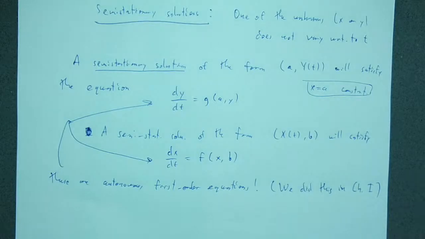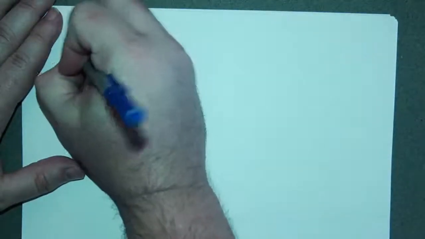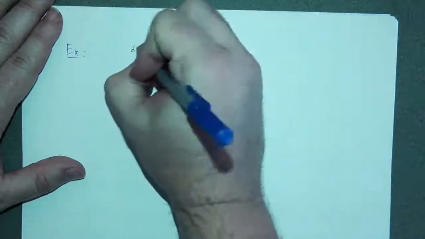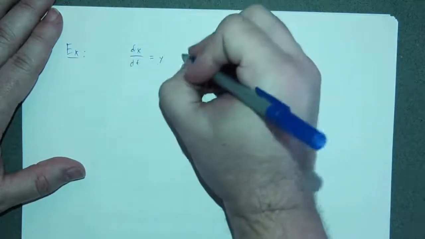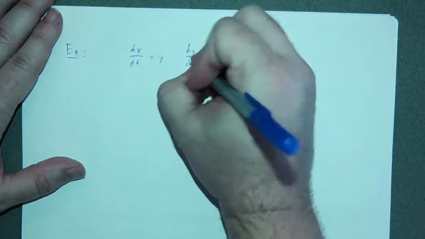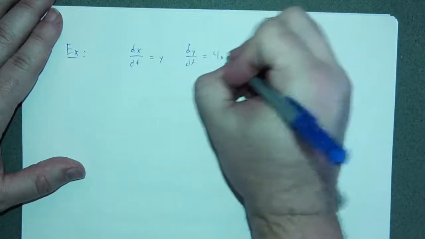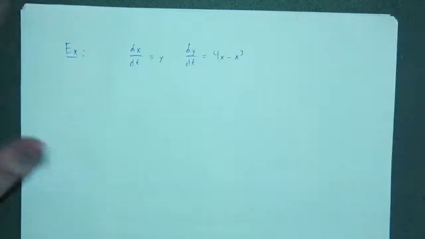Well, let's look at some examples of how this works. So, example. What about dx/dt is equal to y and dy/dt is equal to 4x minus x cubed? So we just had a look at this.